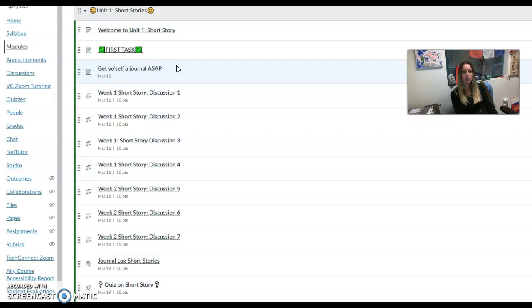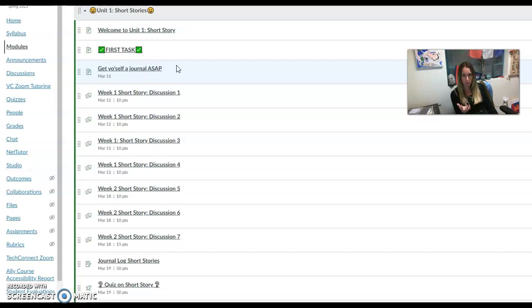And so what's going to be in the digital journal is the literary concepts and breakdown of the literary terminology that we're going to be using each unit. So this is terminology that you've used your whole life, but we're using it on a conscious level now.